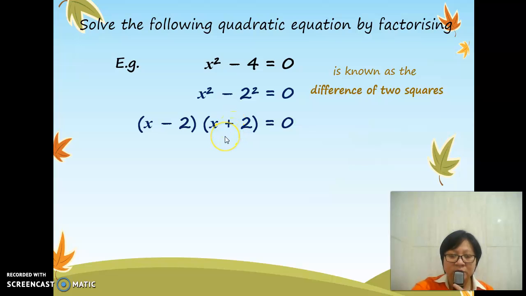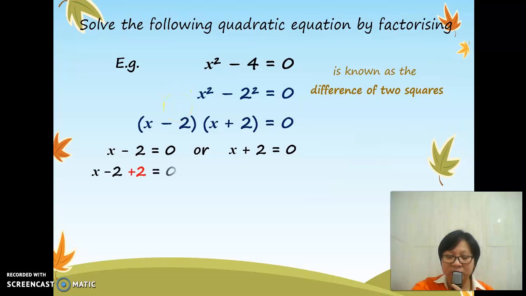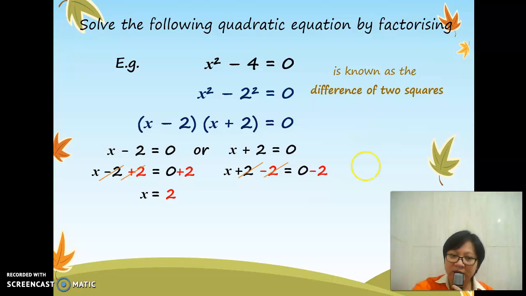So using zero factor property, the solution, on the left side using balance method, x equals 2. On the right side using balance method, since there is plus 2 on the left side, to eliminate plus 2, I put negative 2 on the left side. If I put negative 2 on the left side, I need to put negative 2 on the right side.